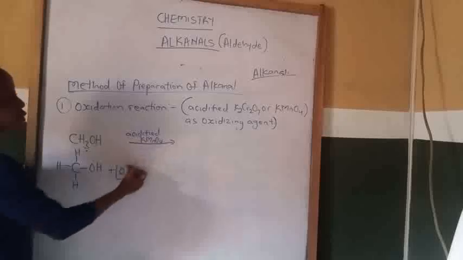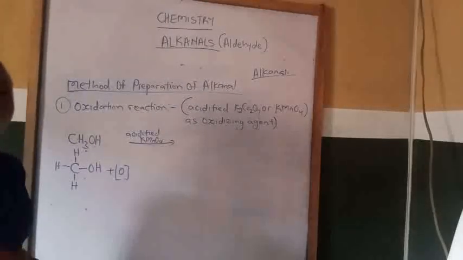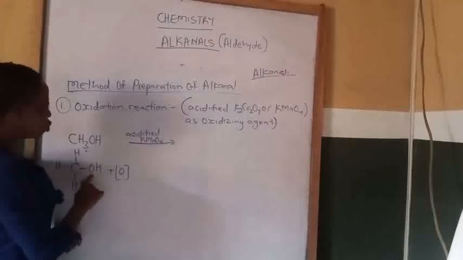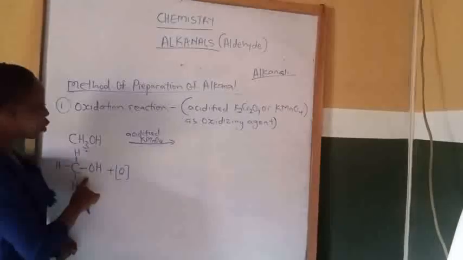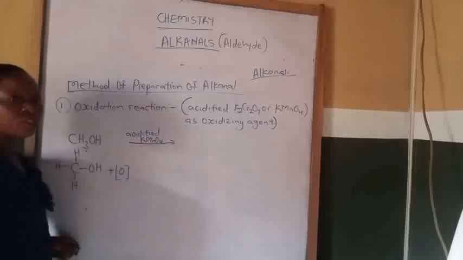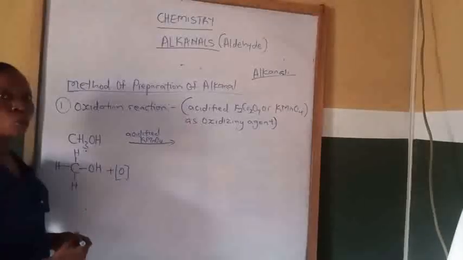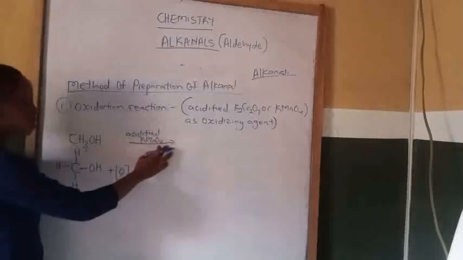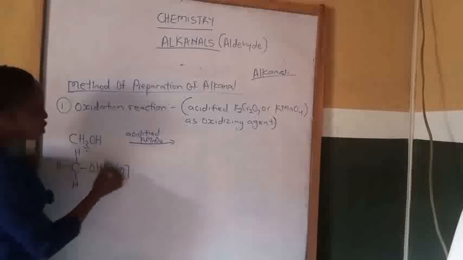This oxygen is coming from your oxidizing agent, because oxidation is addition of oxygen. It is not an oxygen molecule, so it comes from the oxidizing agent. So we add oxygen, then remove water.